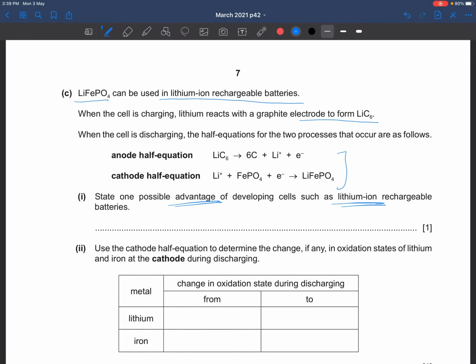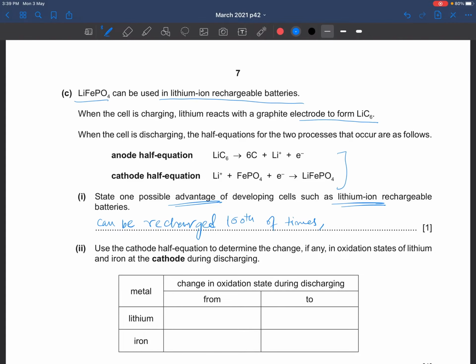Now, you have to memorize the advantages and disadvantages of these fuel cells and rechargeable batteries like lithium-ion rechargeable batteries. So we can say that it can be recharged again and again. It can be reusable, can be recharged hundreds of times.